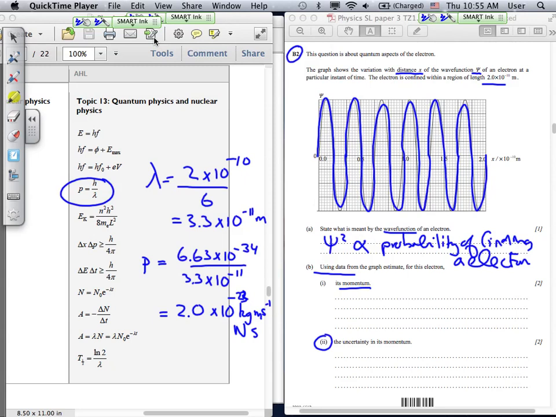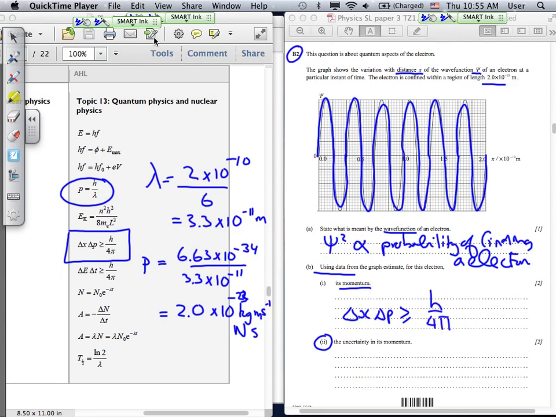Now the uncertainty is given by Heisenberg's uncertainty principle. Now we have here our change in x, change in p, our uncertainty in our position and our uncertainty in our momentum must be greater than or equal to, so this is the minimum value, h over 4 pi.